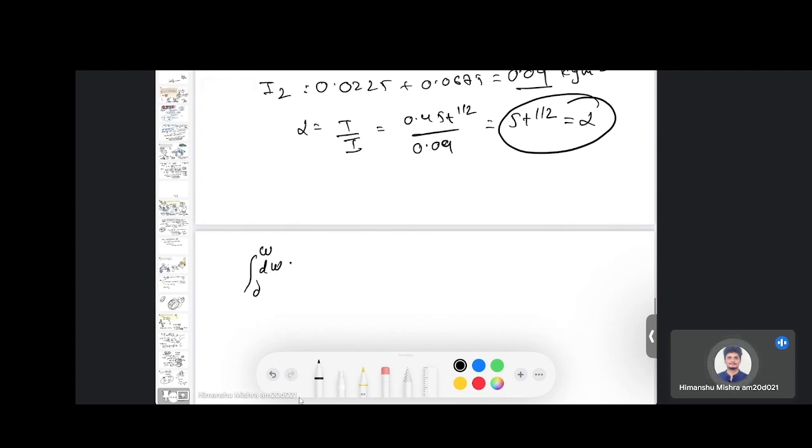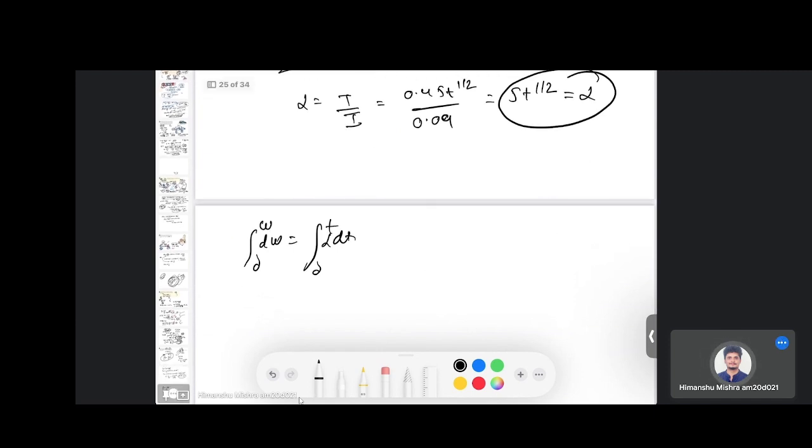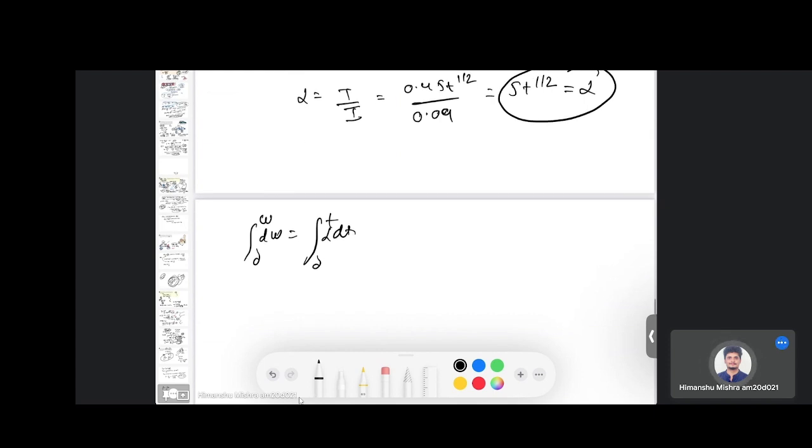If I integrate this expression, this is a kinematic equation; you can remember this equation from the previous tutorial. So omega equals the integral of alpha, which is 5 t to the power 1 by 2, dt.